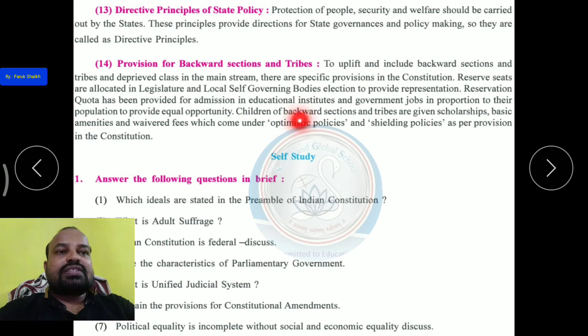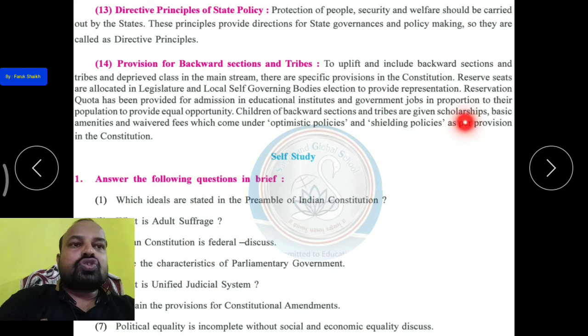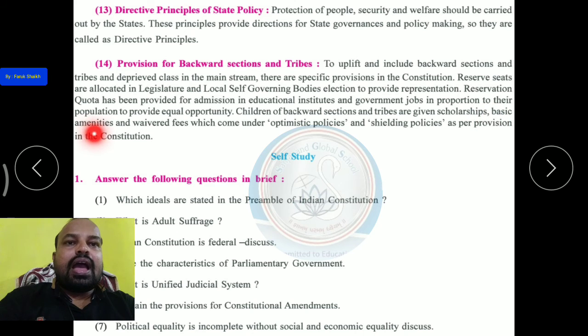Children of the backward section and tribes are given scholarships, basic amenities and waived fees. So the children who belong to the backward section are given scholarships, and their education fees are less than others. These come under the protective policies as per provisions in the constitution.